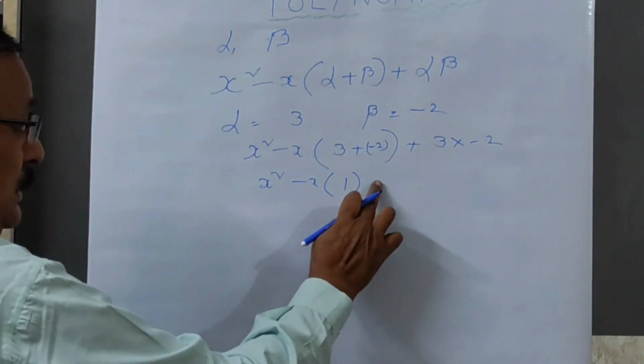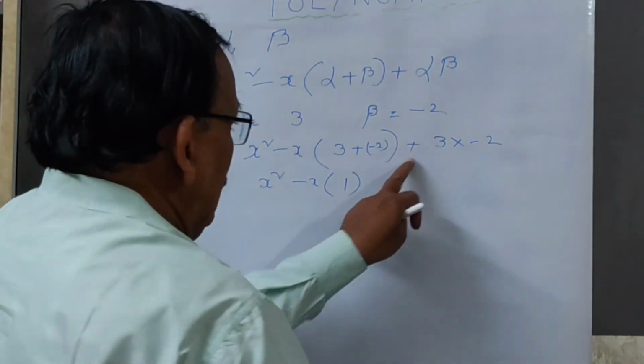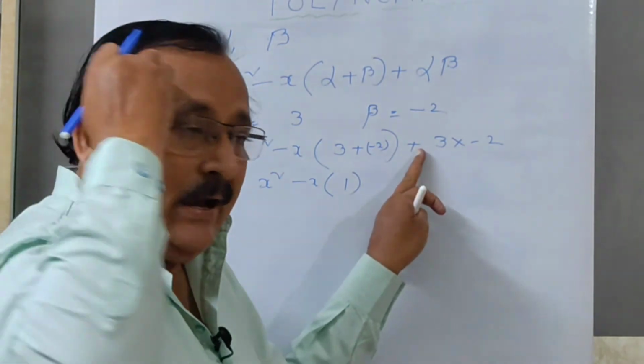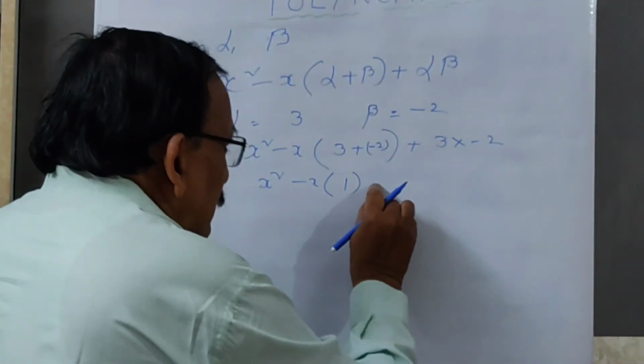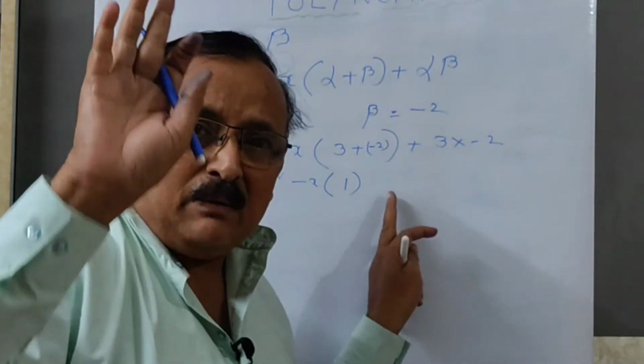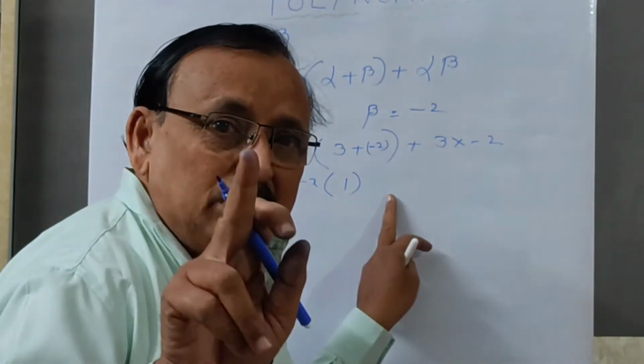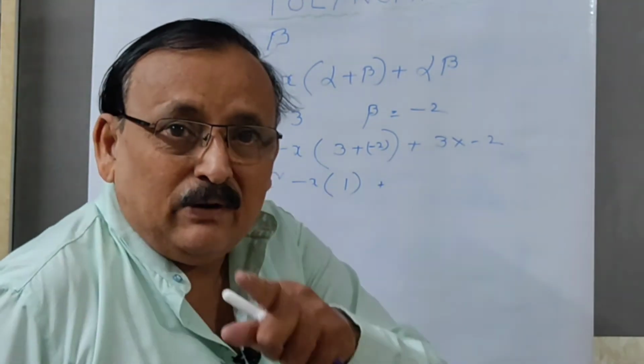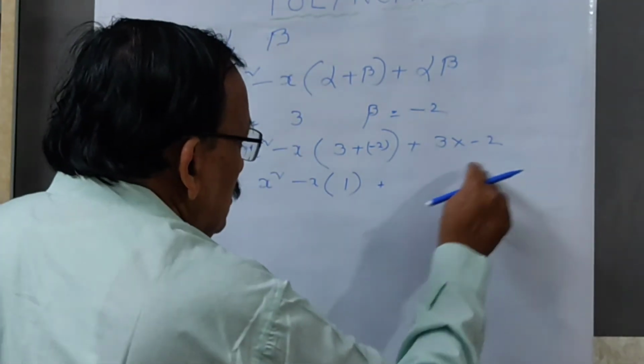Don't put a symbol here immediately like plus or something. Here we have to think in our mind, and then only put a symbol over here. Normally all the students make a mistake here only, immediately they write plus, and then 3 into minus 2 is equal to minus 6.